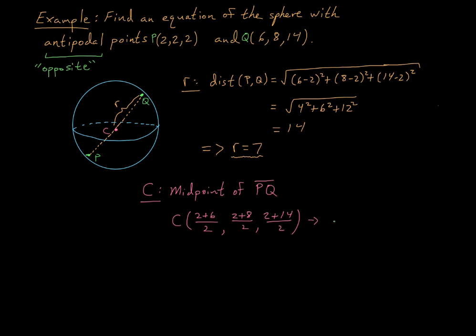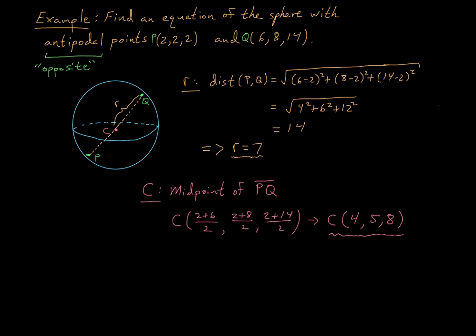Or put another way, right, the coordinates of C there would be 4, comma, 10, comma, oh, excuse me there, not 10. Got to divide by 2, right? So 5, and then finally 8. All right, so there is our center.